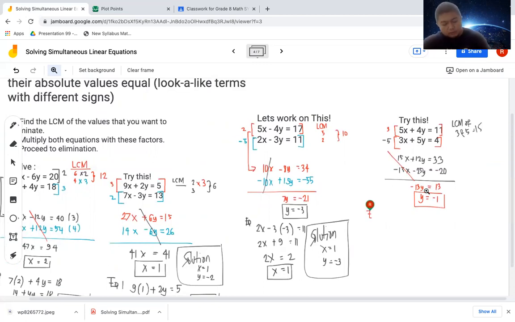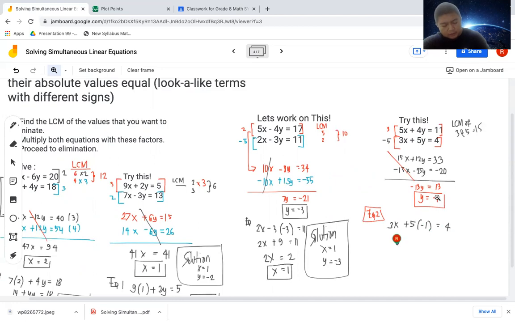This time I'm going to choose equation number 2 because the numbers are smaller, as I can see, and the calculations would be easier than the first one. So 3x is now going to be like this. And then 5 times the value of y, which is negative 1, is equivalent to 4.